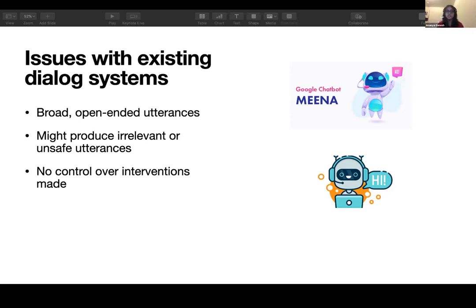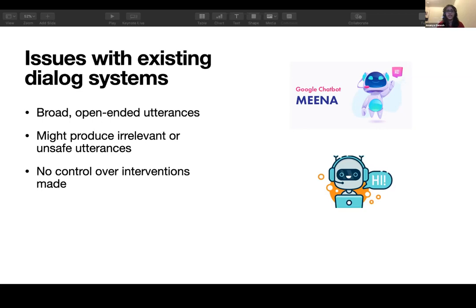And in the worst case, they could generate utterances that are unsafe in a classroom environment because of patterns that they've learned from the training data. This could be biased content, or, I mean, these are students, so they might provoke the system to generate profanity and stuff, which is something we do not want in a classroom.